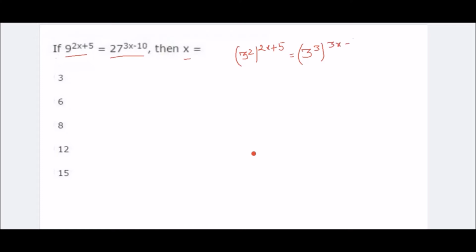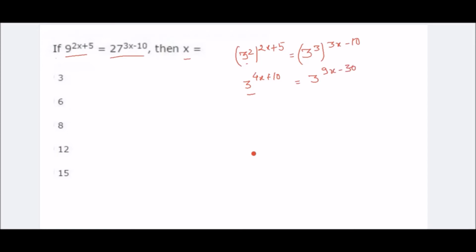whole power 3x minus 10. So again, when we multiply the powers, that will become 3 power 4x plus 10, and here it becomes 3 power 9x minus 30.